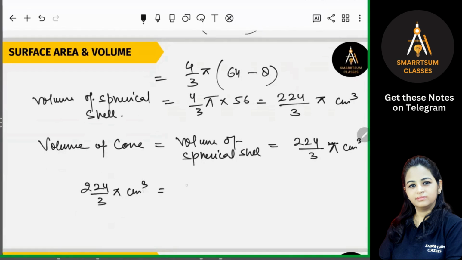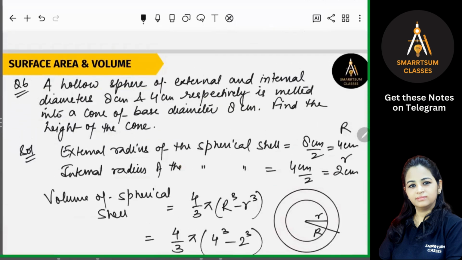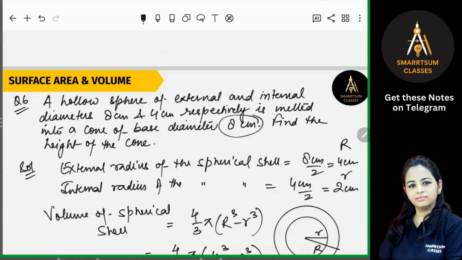This is equal to, now what is the formula of the volume of the cone? Volume of the cone is 1 by 3 pi r square h. This is the formula for volume of the cone. So now you can put the value here, 1 by 3 into pi into r square. Now what is the radius of the cone which is formed here? 8 centimeter is the diameter.